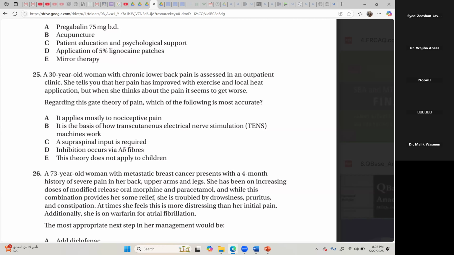So if we give stimulation other than pain, then the sensation of pain is reduced. So when we do TENS or we rub, even when we rub our hands or feet whenever it hurts, what fibers are stimulated?